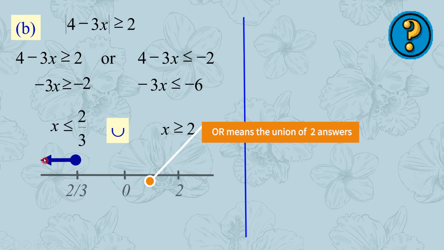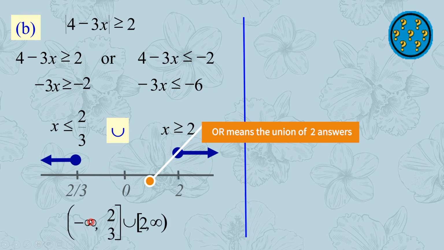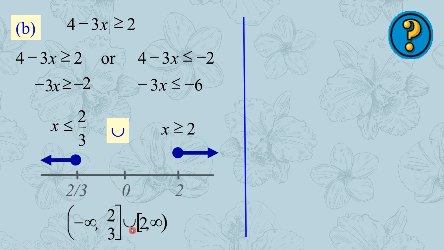X is less than 2 over 3 pointed to the left. X is greater than 2 pointed to the right. So we can write it as negative infinity up to 2 over 3 union 2 until infinity.